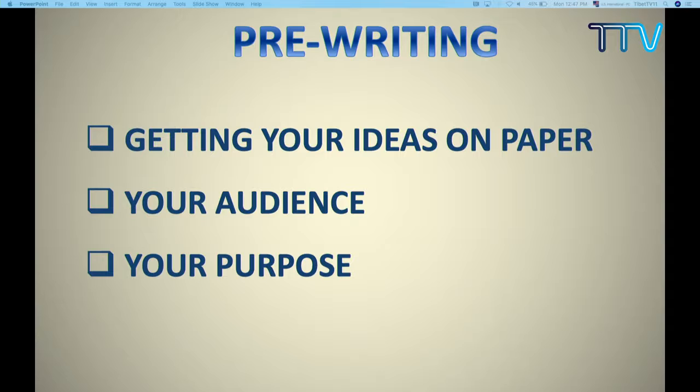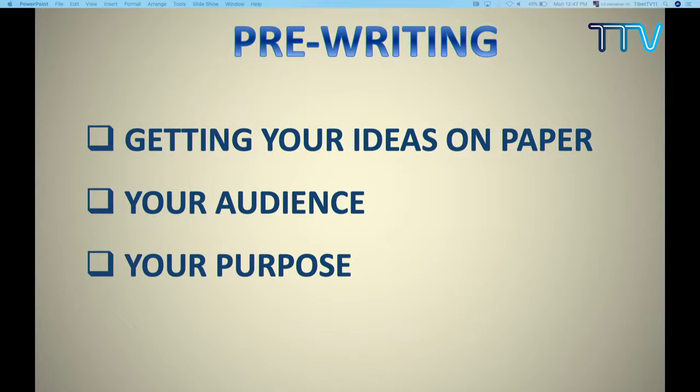Okay, yes. And the second one is audience. Whenever you start a piece of writing, you have to keep in the back of your mind who your audience is. Okay, and the third one is purpose. The audience and purpose should always be at the back of your mind whenever you do a piece of writing. So here, audience, I mean who is going to read.